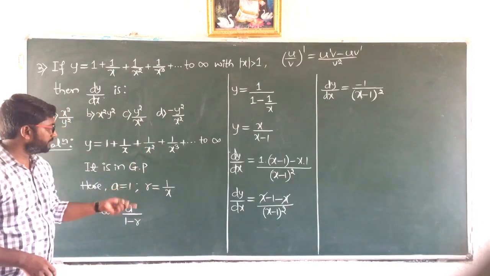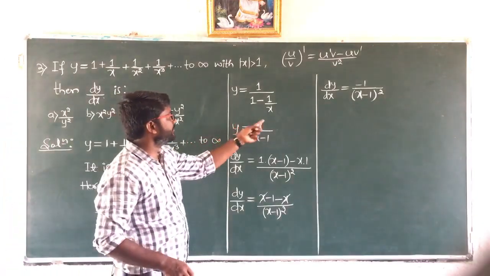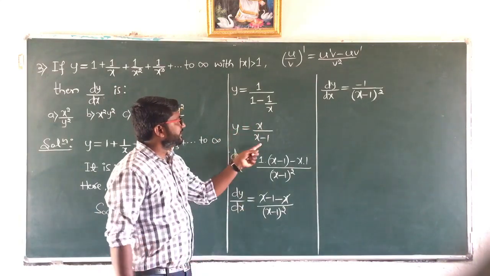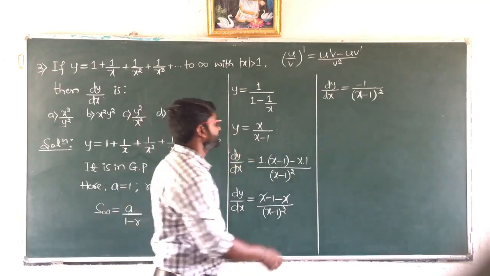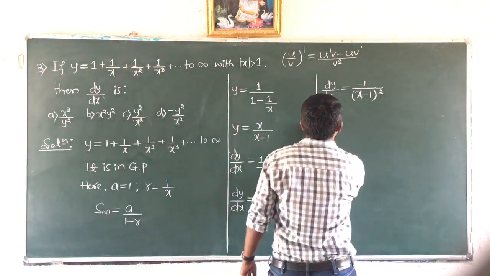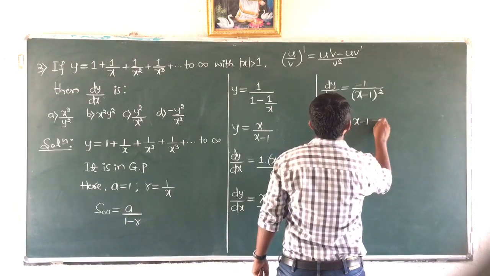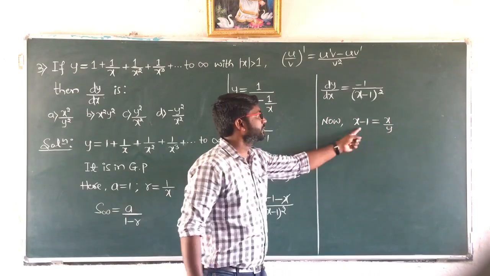So we have to rearrange the terms here. So what is y now? Y which is equal to x divided by x minus 1. So now see here, I take x minus 1 to the LHS and y to the RHS. So now x minus 1 which is equal to x divided by y. X minus 1 equal to x by y now.